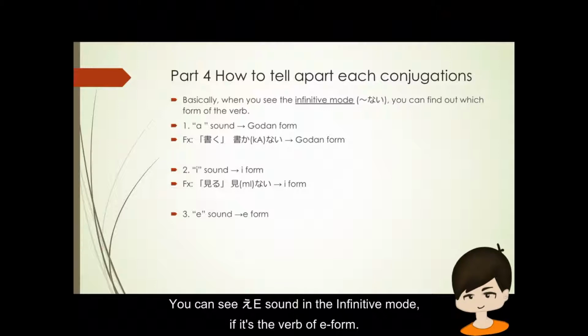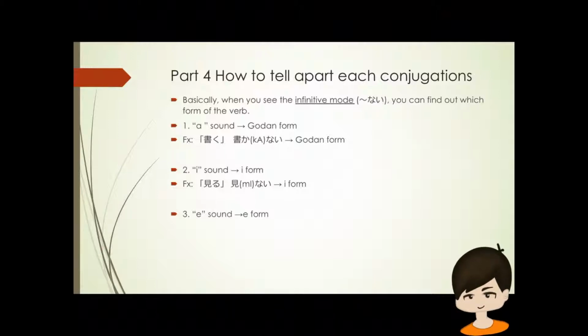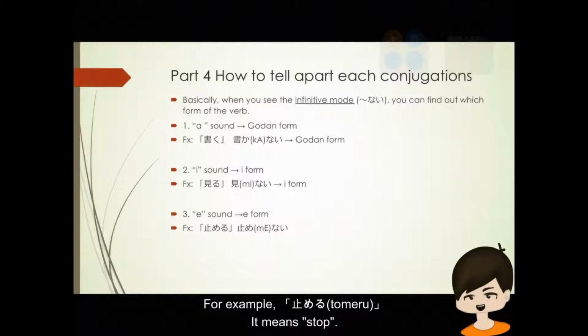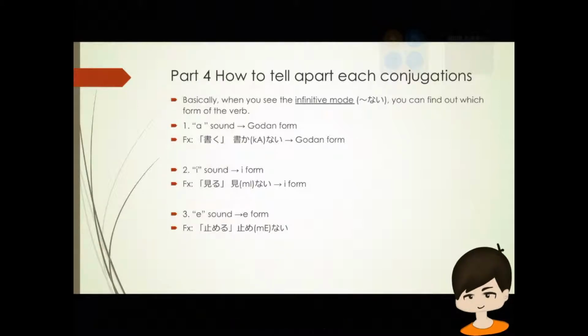You can see E sound in the infinitive mode if it's a verb of E form. For example, 止める, it means stop. The infinitive mode is 止めない. So this is E form. Okay, now I hope you can distinguish each form.